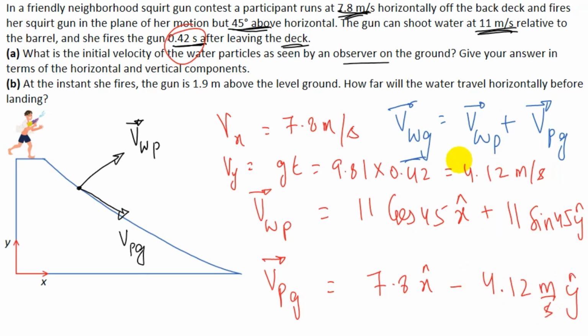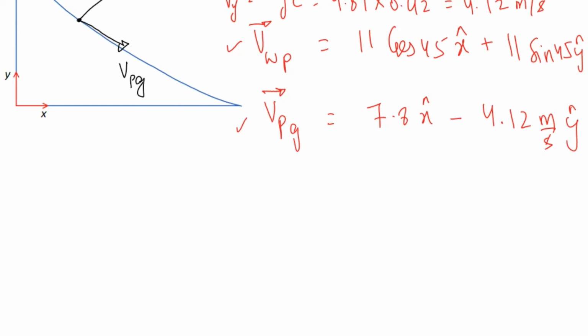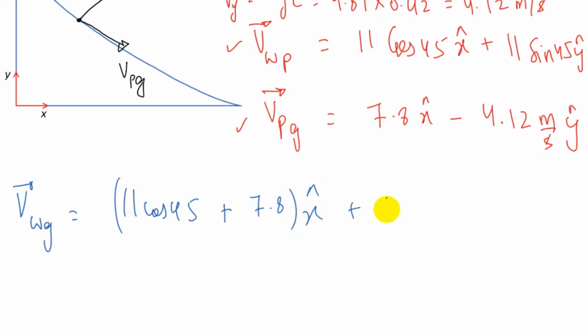Now simply we have to add these two vectors to find the velocity of water relative to ground. So let's add the vectors. So this is the velocity of water relative to ground. So add x component to x component, y component to the y component. So this will be 11 cosine 45 plus 7.8 x cap plus 11 sine 45 minus 4.12 y cap.